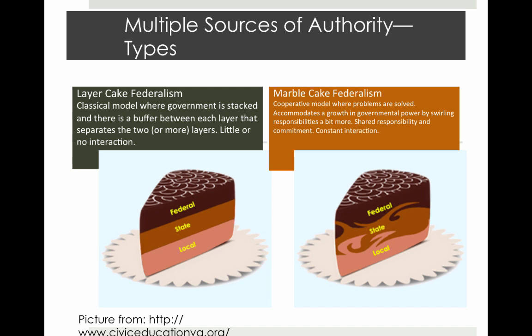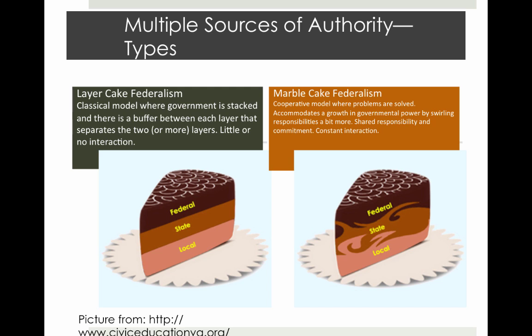Usually when you have a layer cake, there's frosting or filling in between the layers. And that separates each layer of government so that no one layer of government is interfering with the duties of another. But in real life, government does not work so seamlessly and so separately.